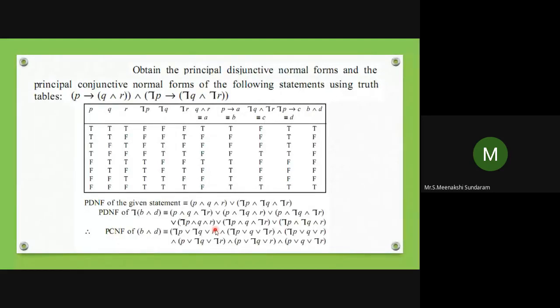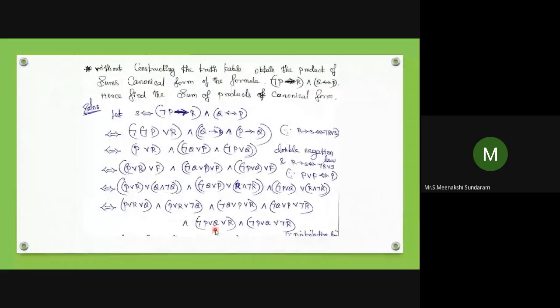From this you are able to find it out. There is an example: without constructing the truth table, obtain the product of sums canonical form, PCNF, for the formula negation P implies R conjunction Q biconditional P. Hence find the sum of products canonical form, meaning PDNF.